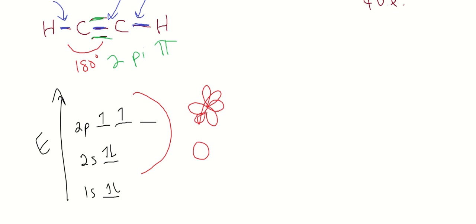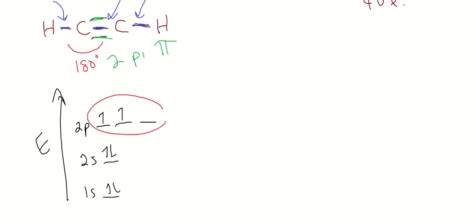You can't use any combination of these orbitals to form equivalent bonds that are 180 degrees apart from each other, right? Because these are all 90 degrees from each other, and this is just a ball looking thing. So there's no way you can take 3 of those shapes and have equal orbitals of 180 degrees. So that's the point of hybridization.